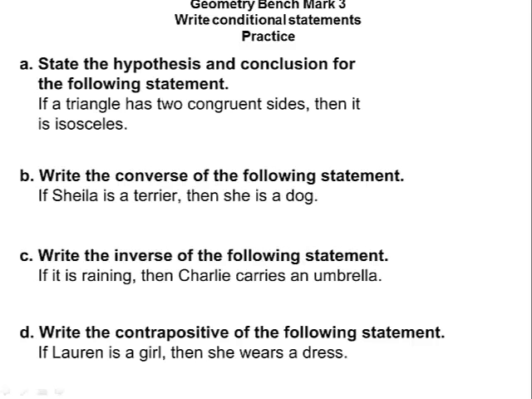So, stating the hypothesis and conclusion, it's pretty simple. You take the part after the if and you underline it and you say, okay, that's the hypothesis. And then you take the part after the then and you say that's the conclusion. You guys won't be able to underline it, but you can write it on your own paper.